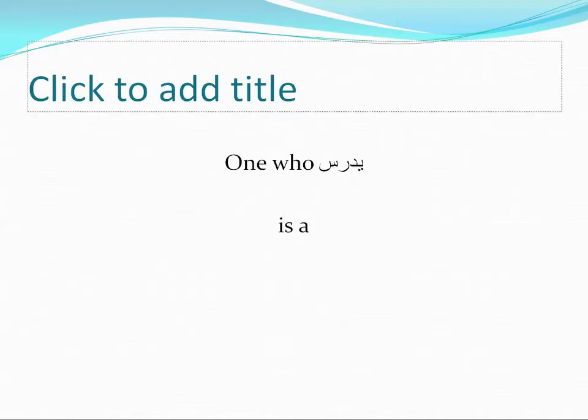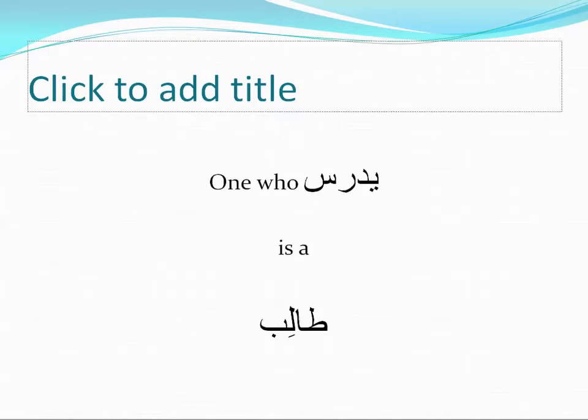That word does exist and it is used, but the far more common term for one who studies is a talib. Now you can see talib comes from the same pattern. Talib, katib, raqis, fa'il. It comes from the same pattern but of a different root. And in fact, the root talaba means to seek, one who seeks knowledge, right? That's why we're all here in college. We're going off to seek knowledge.